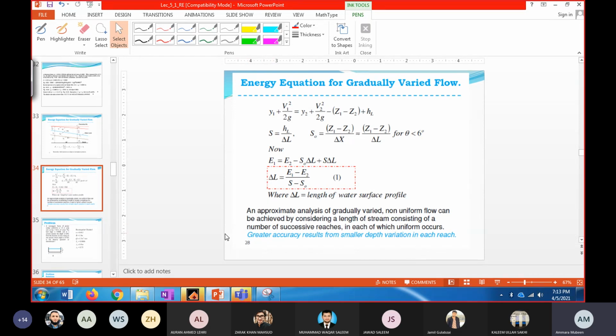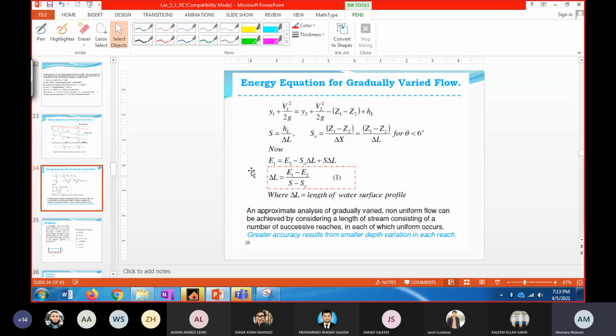An approximate analysis of gradually varied non-uniform flow can be achieved by considering a length of stream consisting of a number of successive reaches in each of which uniform flow occurs. Greater accuracy results from smaller depth variation in each reach.